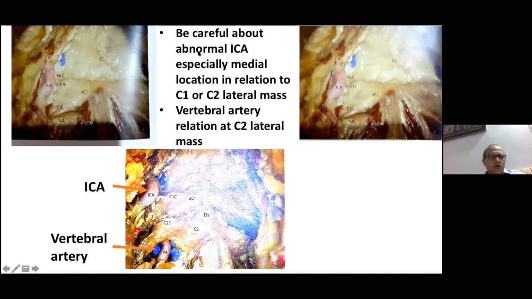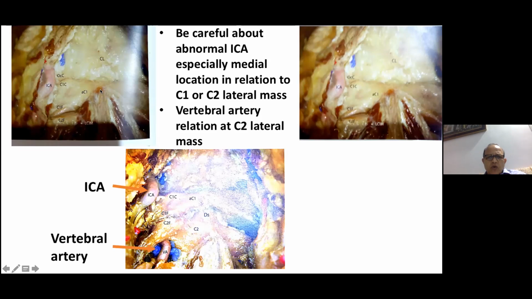This shows the relation of internal carotid artery, which at times is medially located. So if there is a loop of internal carotid artery coming onto the lateral mass of C1 and you blindly use monopolar cautery to dissect the tissue, in that case you can injure this.